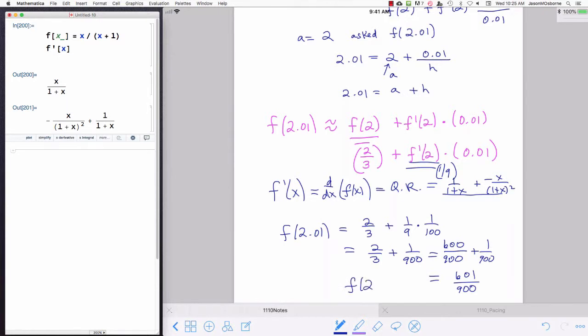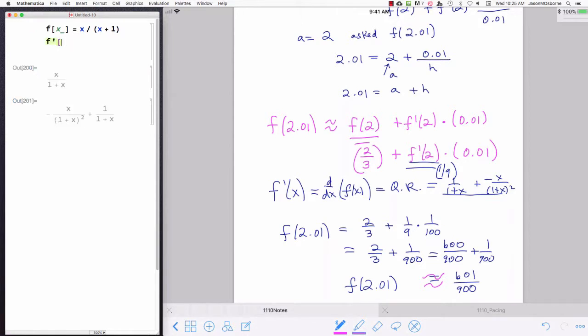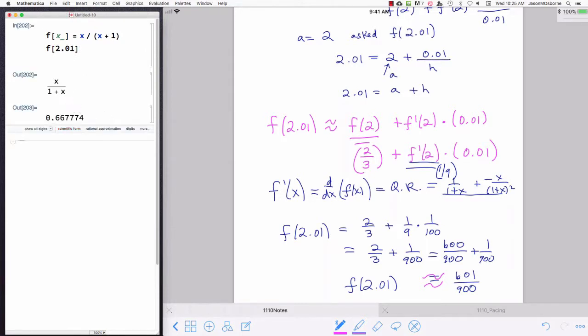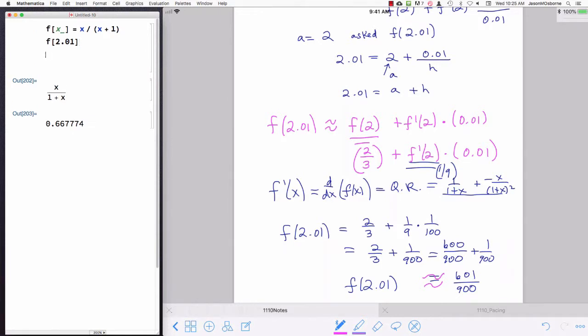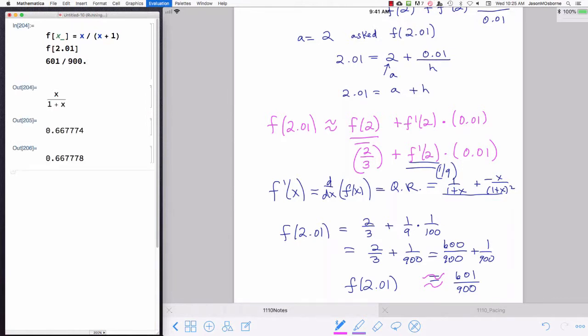I should be very careful here when I say that's approximately 601 divided by 900. I know that you can put 2.01 into the function to get 0.667774, but that's approximately equal to 601 divided by 900, which is 0.667778.